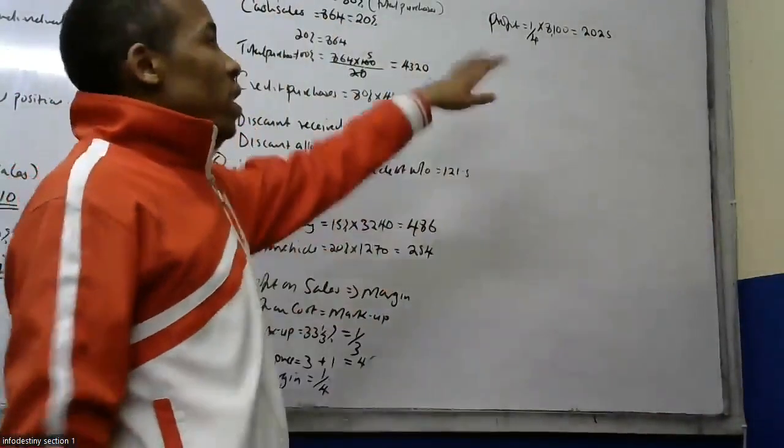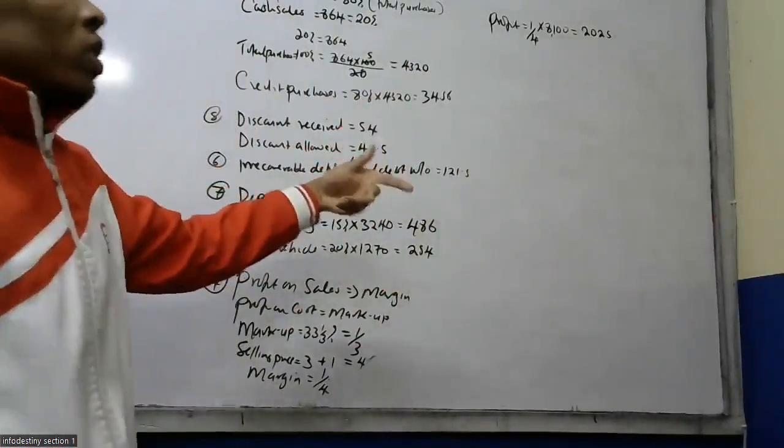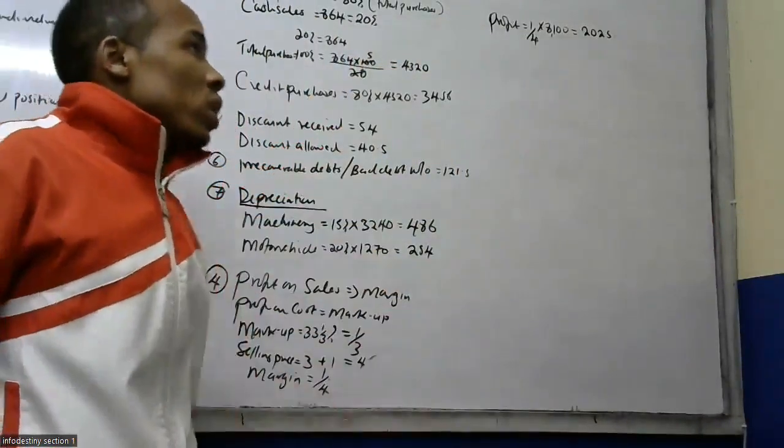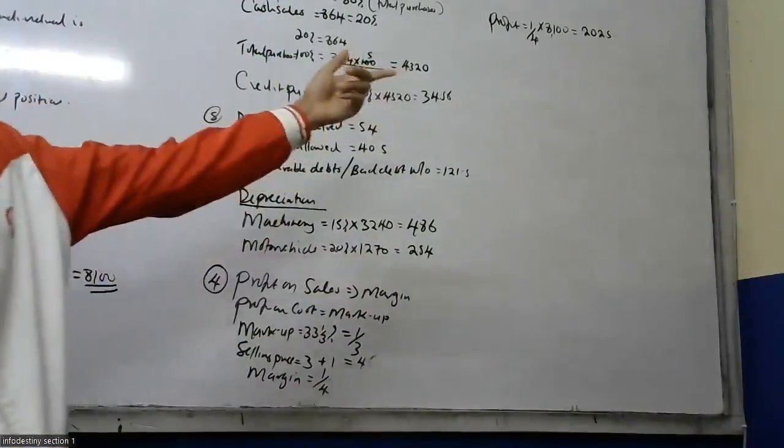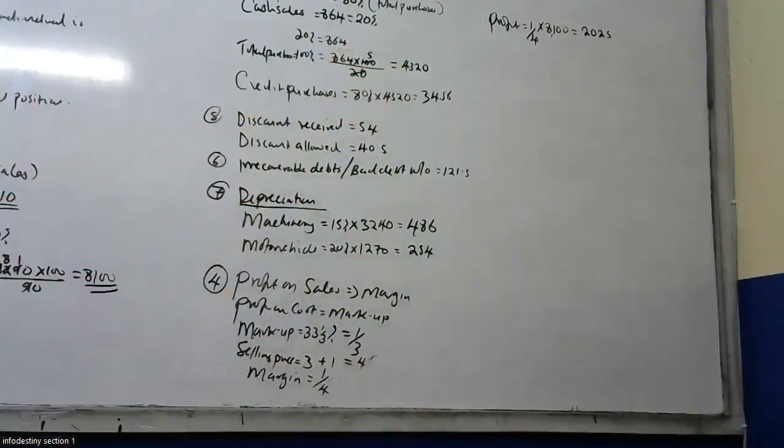That means the sales minus the cost of sales should give us 2025. That is the gross profit which was made on the cost. So that's how we interpret that.